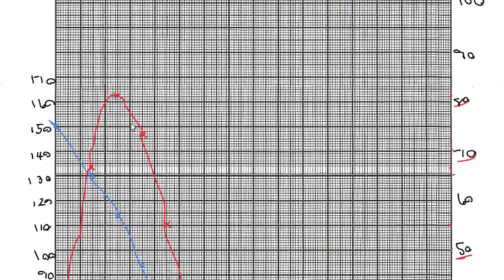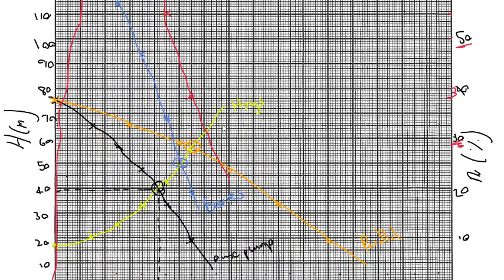Okay. So let's continue. So now we can go and read off these values. To make things a little bit easier, I'm going to write them down on the next page.